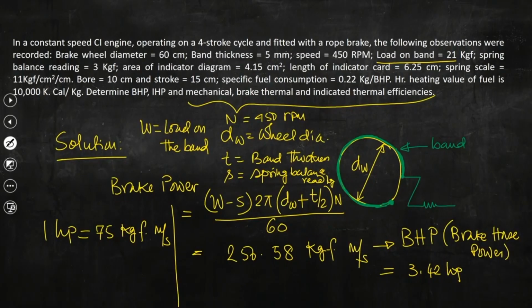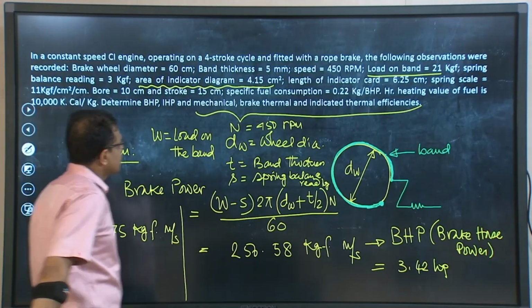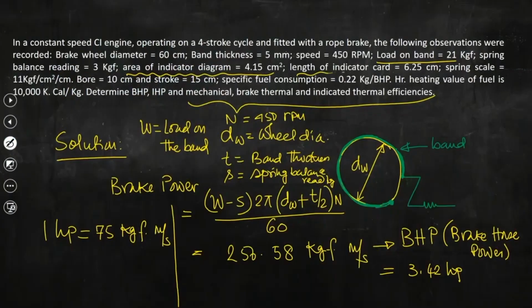If we go to the next slide, it is given the area of the indicated diagram, because this is what is done in testing. If we know the area of the indicator diagram, and the length of the indicator card is also given, 6.25 centimeter.